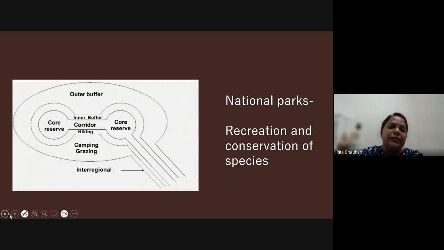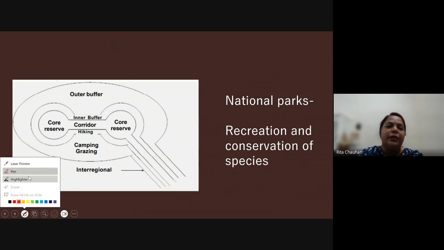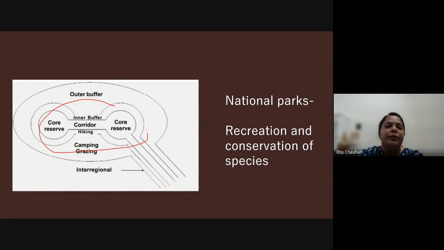So this core area and corridor will help in the reproduction of the animals, because in nature the animals tend to move from one place to another place. So in a particular national park, we should have certain core areas where no human should be allowed.